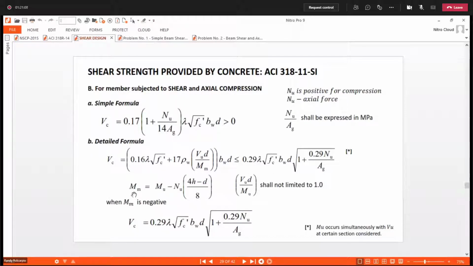Number 1, MM, kailangan mong makuha yung MU minus NU multiply by this quantity. Tapos VU over MU multiply by this shall not be limited to 1.0. So if your MM is positive, you may use this formula. But in case MM is negative, you may use this formula. Yan ang pwede mong gamitin. So, maraming kinukonsider.